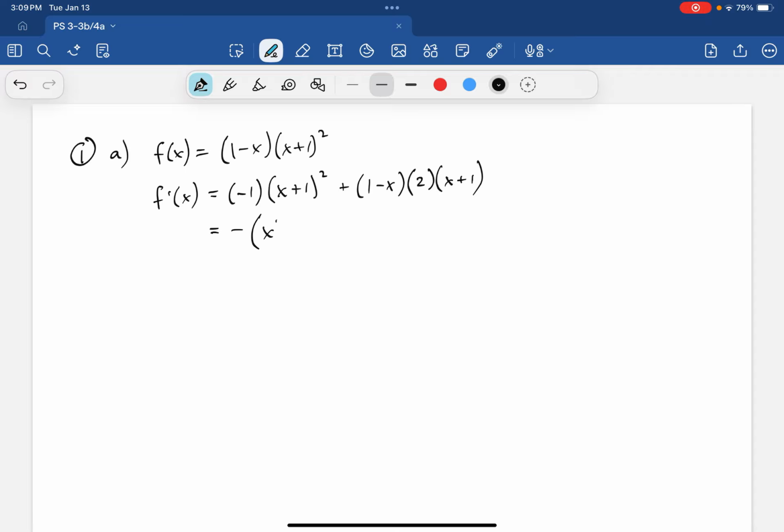If we expand this, we get -x squared plus 2x plus 1, plus 2 times (1 minus x squared), I believe.